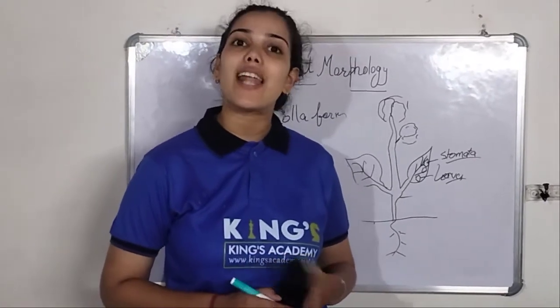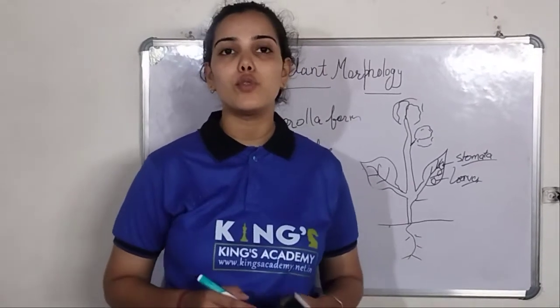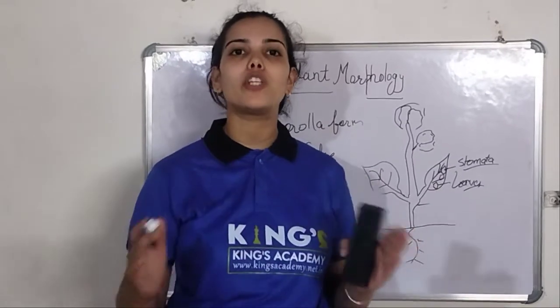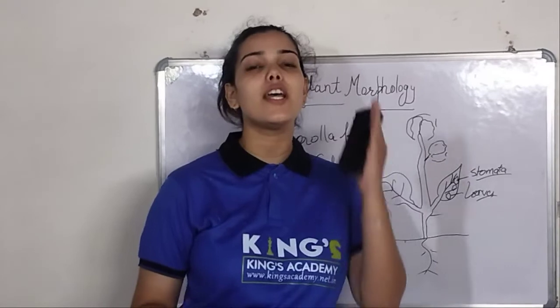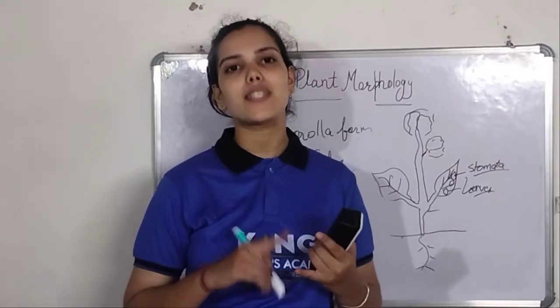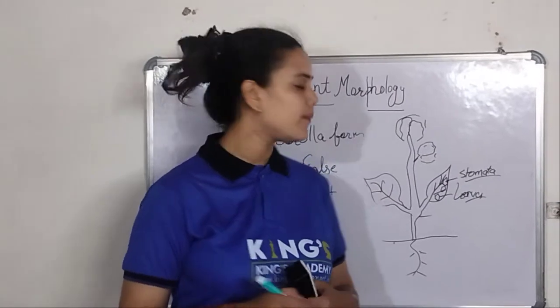When the fruit directly comes from the ovary, it is known as parthenocarpic fruit. And when fruits come from both male and female, which means complete fertilization, then these are known as simple fruits, complex fruits, and aggregate fruits, right?